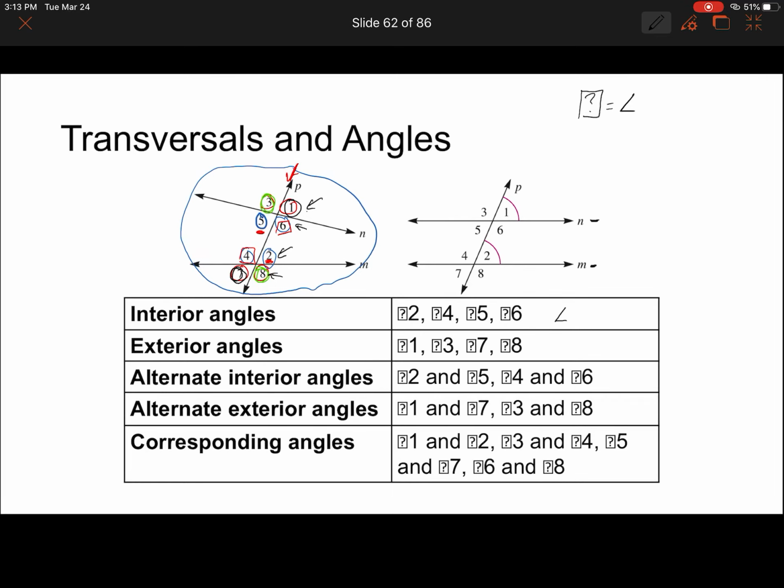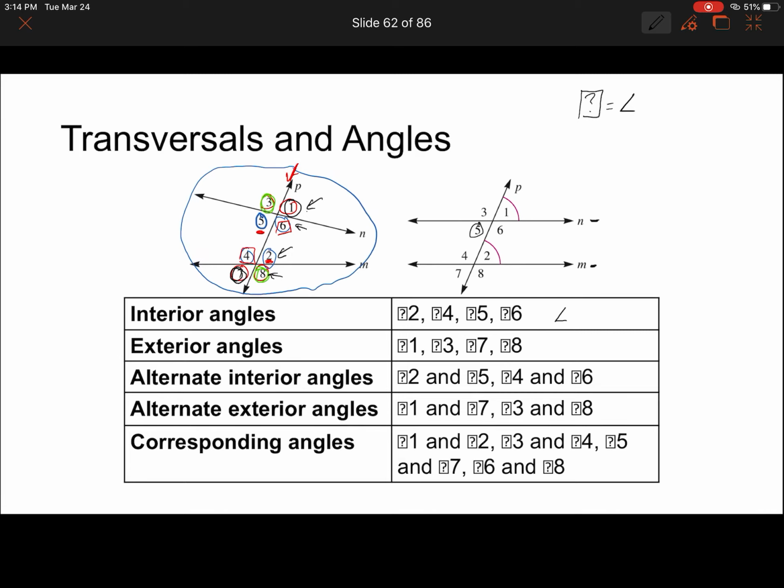So angle 1 and angle 2 are corresponding, and if these lines are parallel, then those two angle measurements have to be the same. Again, we'll talk about why in just a little bit.